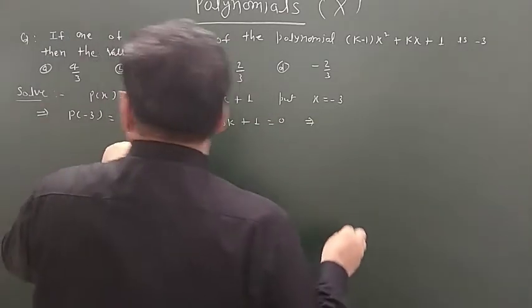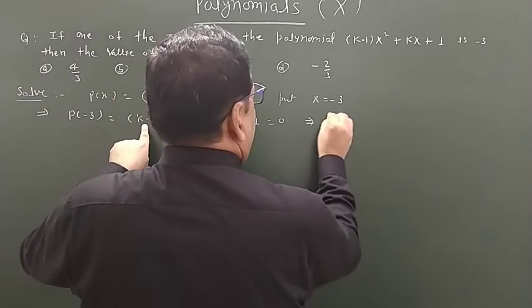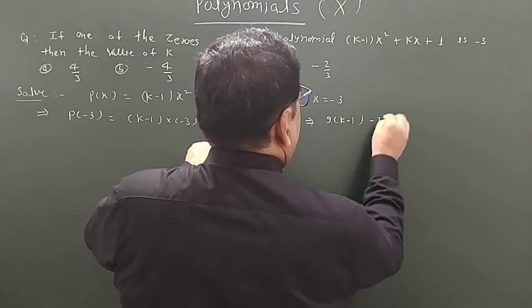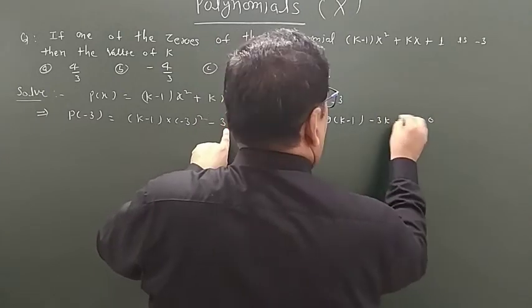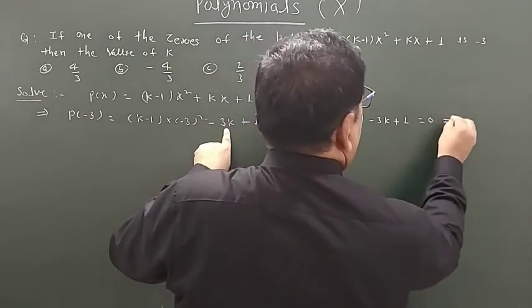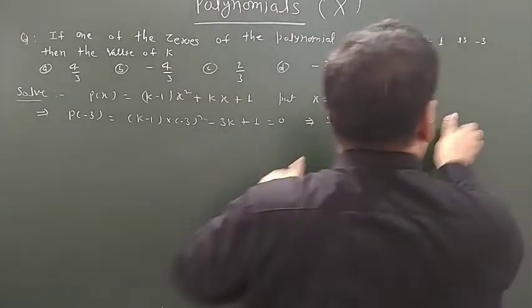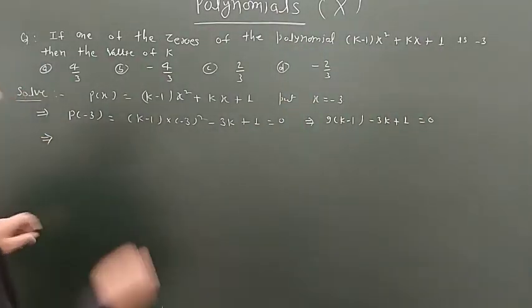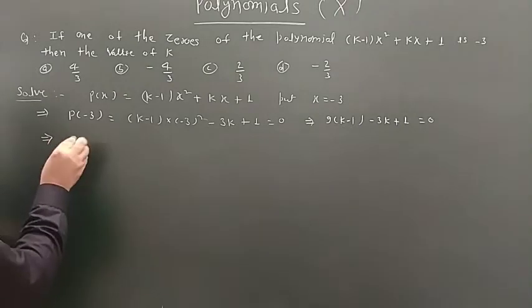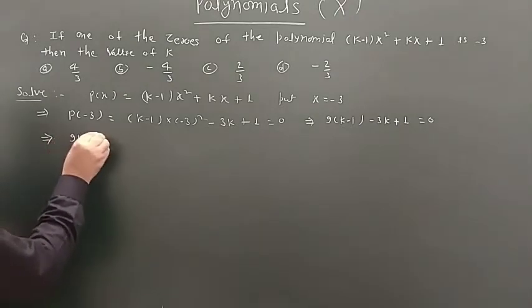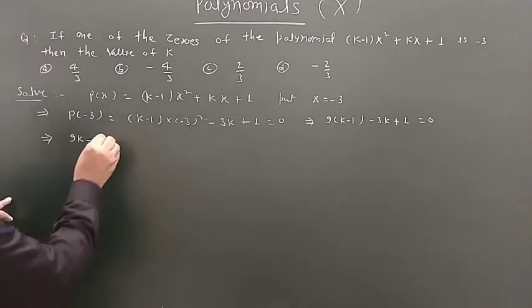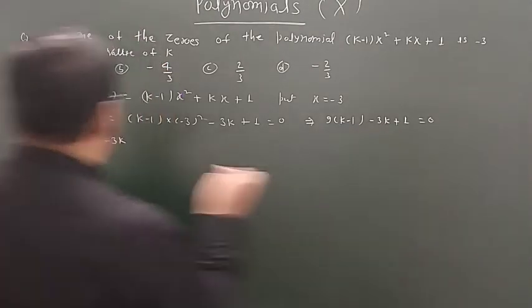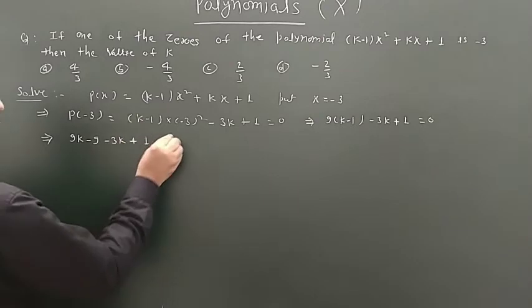This implies that 9(k minus 1) minus 3k plus 1 equal to 0. This implies that 9k minus 9 minus 3k plus 1 equal to 0.